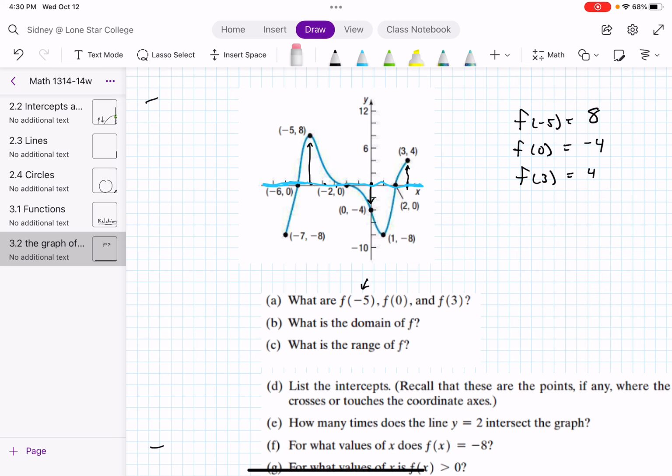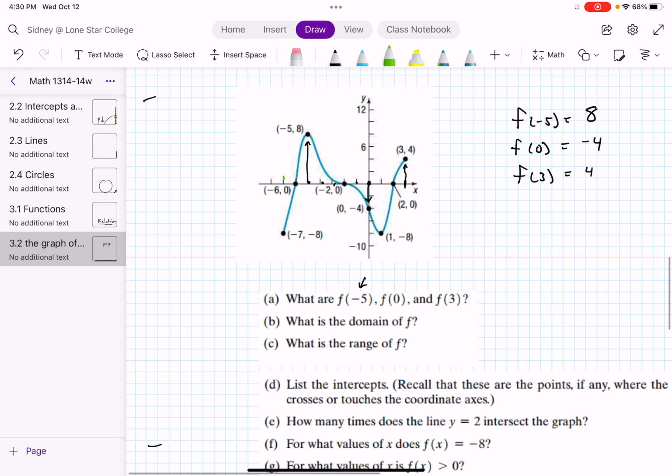And that is this one right here. That's my smallest x value, -7. So the domain, and -7 is inclusive. At that point is used, that x value is used, so we're going to have brackets there.